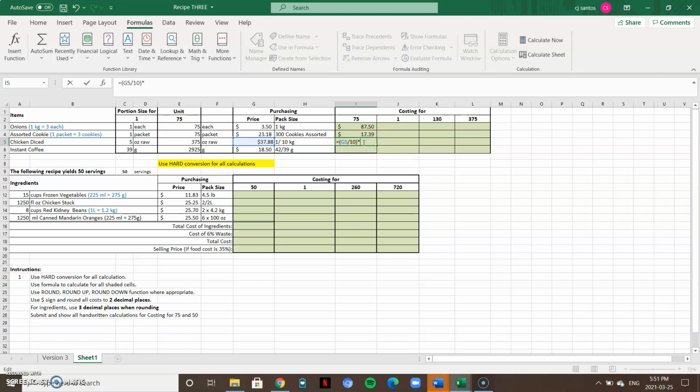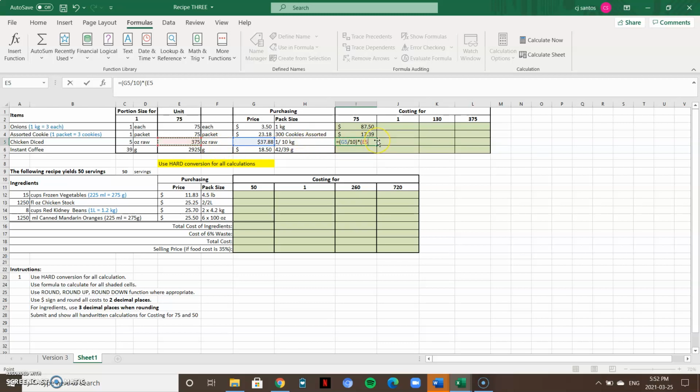Then you would just simply multiply 375 ounces, but you need to convert it into kilograms or basically match it. So this one says 375 ounces to kilograms.